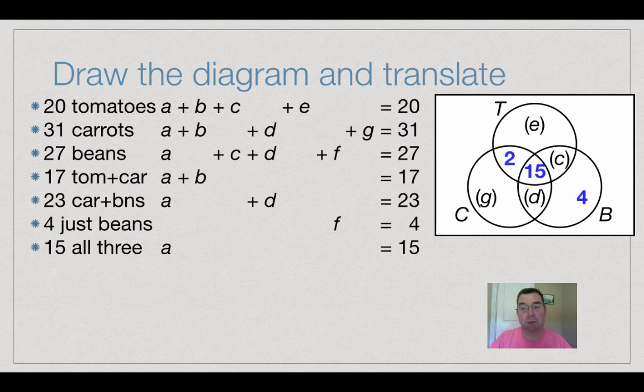The people that grow carrots and beans, I would put an 8 there because that has to add up to 23. And then, let's see, that means that C would equal 0. Then I just fill in the rest of the information with a little bit of algebra. I can figure out that E is 3 and G is 6.